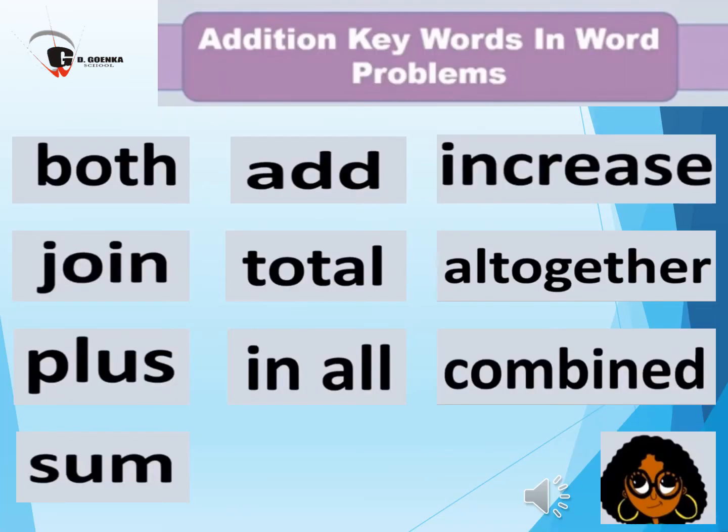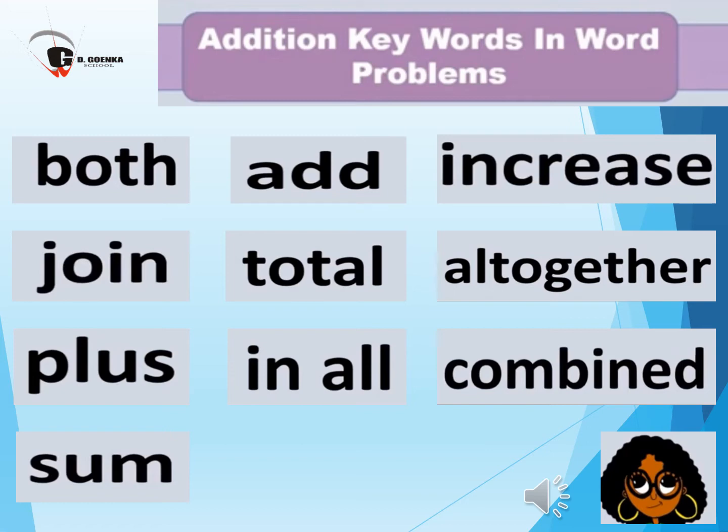Kids, remember the keywords? What are the keywords? Keywords means those words which will help us to identify which operation we will use to solve the story sum given. So let us recapitulate the addition keywords.